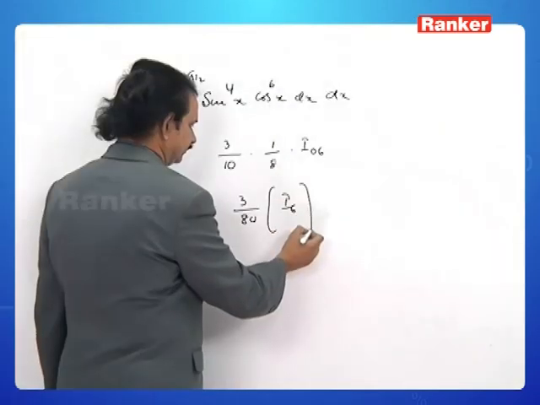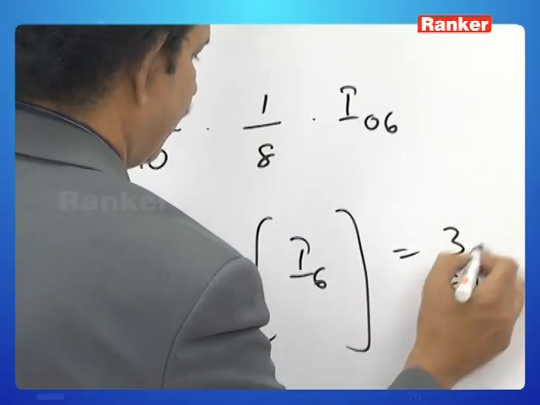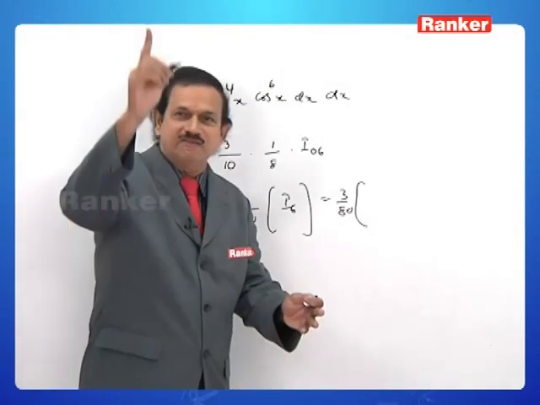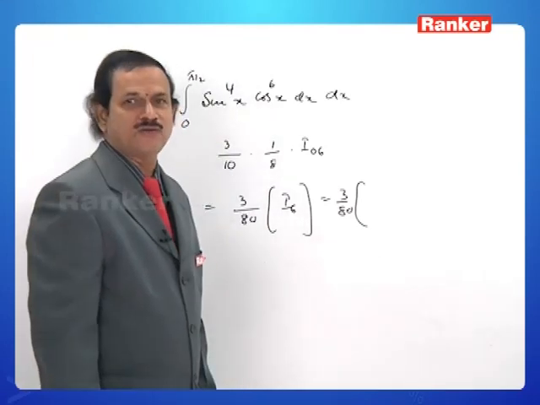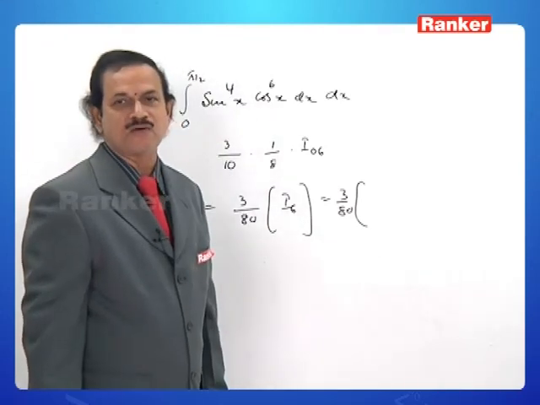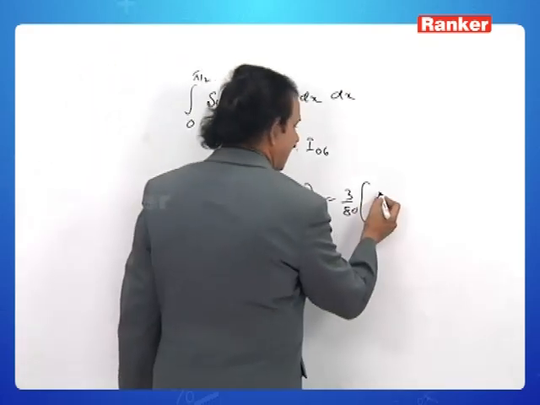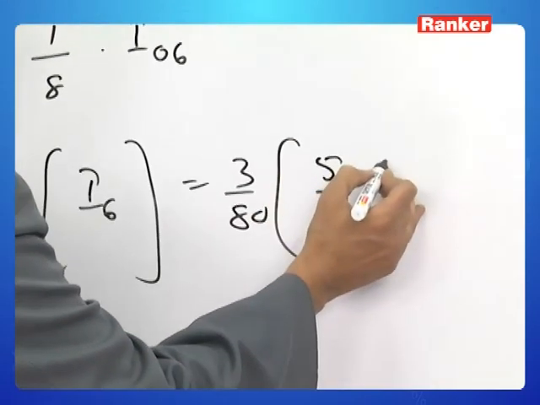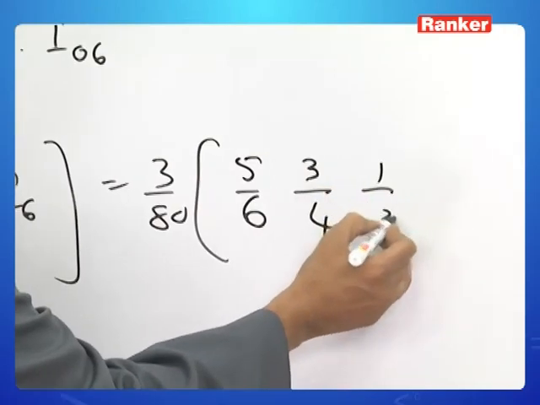What is I6? Let us now approach the standard Wallis formula for integral 0 to pi by 2 sine power nx or cos power nx dx denoted by In. What is the first step? N minus 1 by n, 5 minus 3, 6 minus 4, 3 minus 1, 4 minus 2.